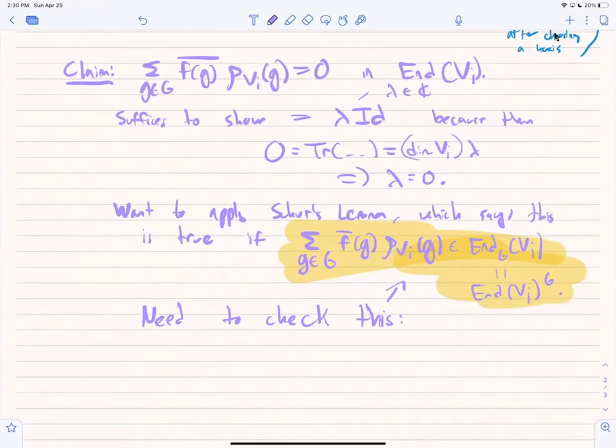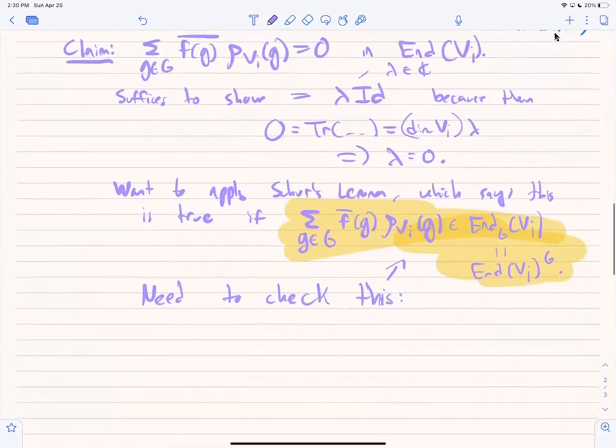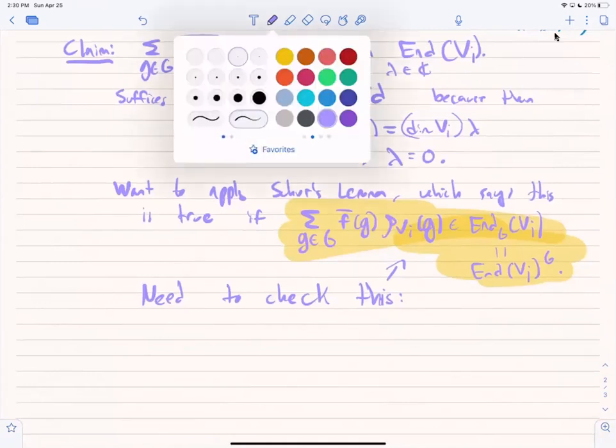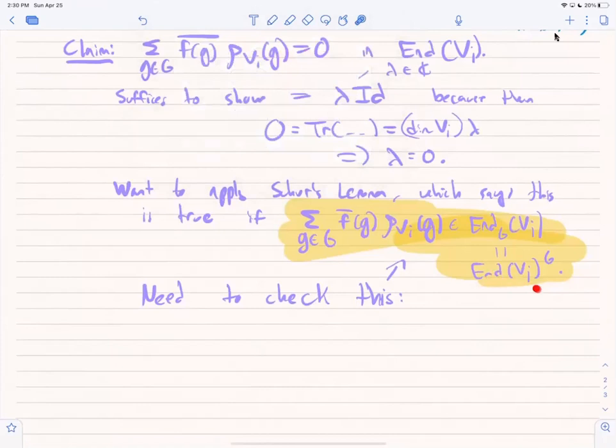Okay, so let's use the second approach, the second definition. It's the G-invariance for the natural action of G on the space of endomorphisms of Vi.